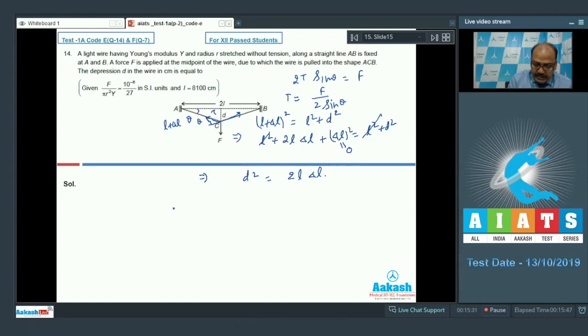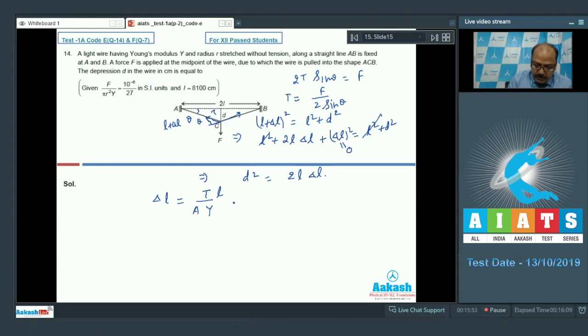Further, the expression for delta L is tension upon area of cross section A into the original length L, and in the denominator you have Y, right?